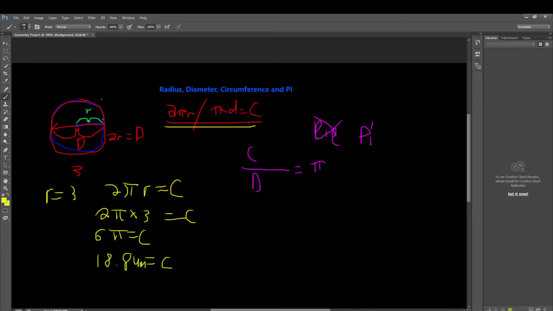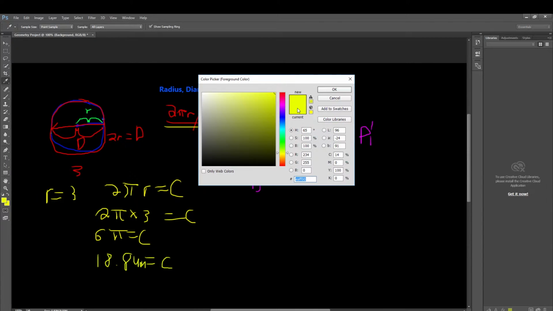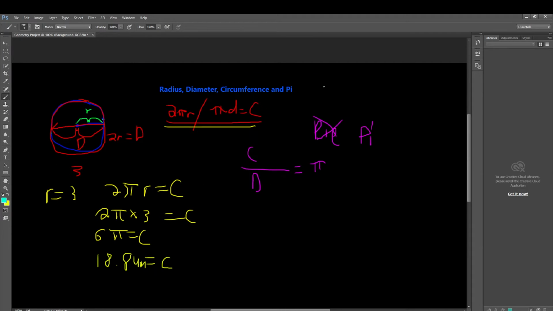Now, of course, pi is an infinite, non-repeating decimal, so no one knows what the entire decimal is. But most people just like to classify it as 3.14.